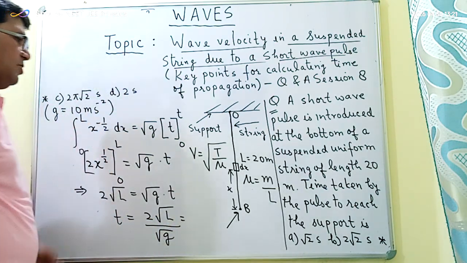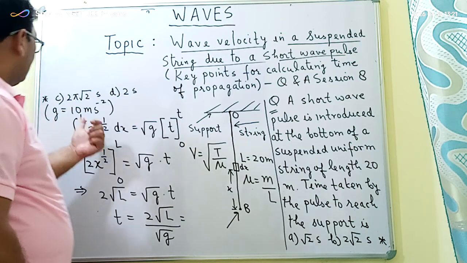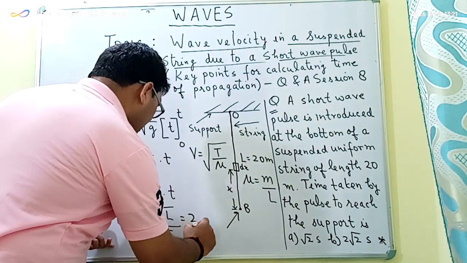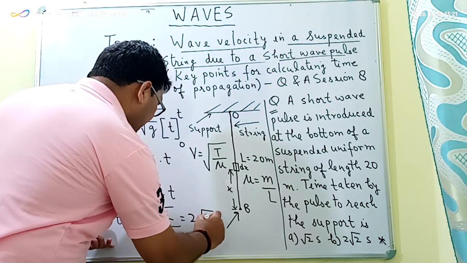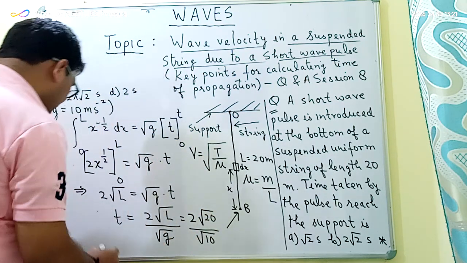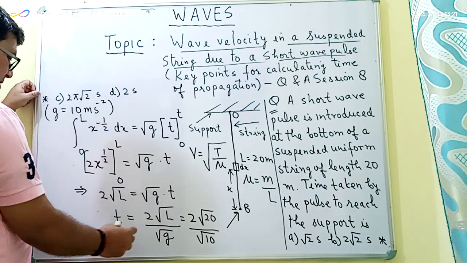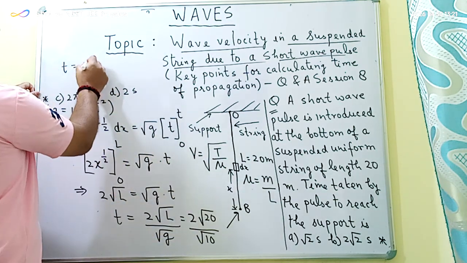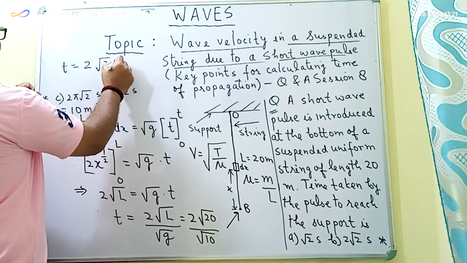Now L here is equal to 20 meters and g is equal to 10 meter per second square. So this will be equal to 2 into root 20 divided by root 10, and so from here the value of t will be equal to 2 root 2 seconds.